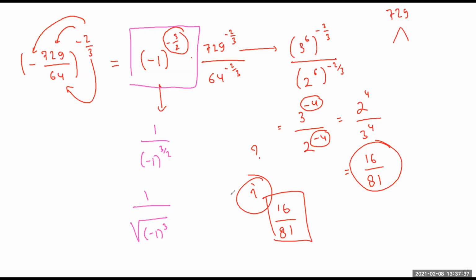Negative 1 being cubed is negative 1 also, right? So the final result will be the square root of negative 1. So actually it's not i, it is 1 over i. So in the end, if you have this situation, you multiply it by this, and the final answer is 16 over 81i.